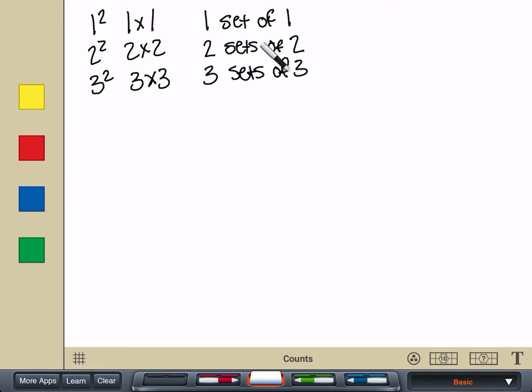All right. So what does this look like? For 1 squared, 1 set of 1. For 2 squared, 2 sets of 2. 1, 2, 1, 2.